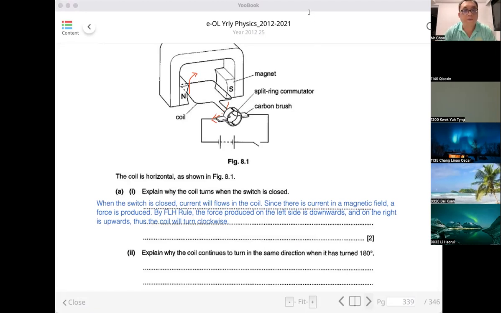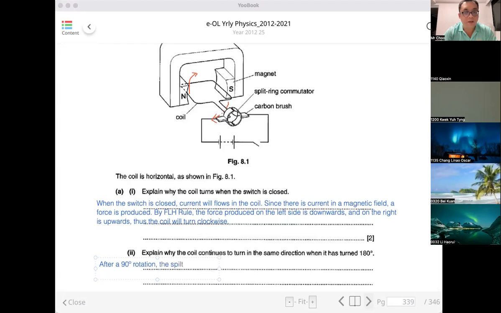Okay, so let me give you a clue. How do I start this? I will say things like, after a 90 degree rotation. Don't need to write clockwise or anti-clockwise, because if the first part you write wrong, here you also will be wrong. Just write after 90 degree rotation.